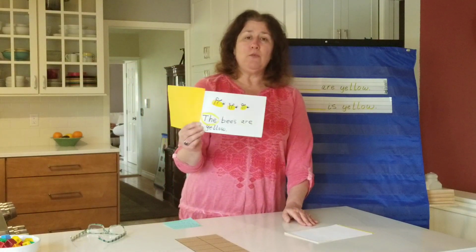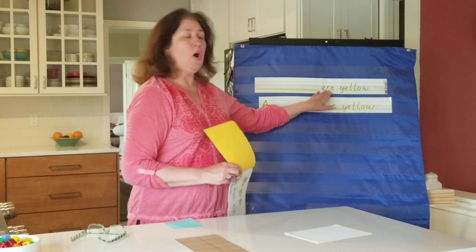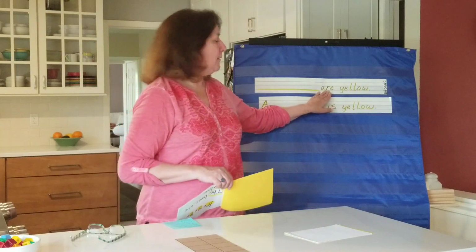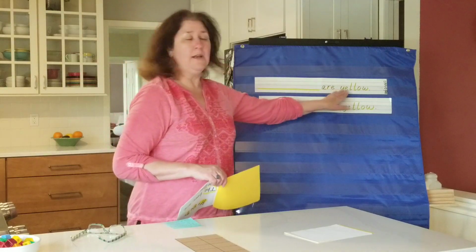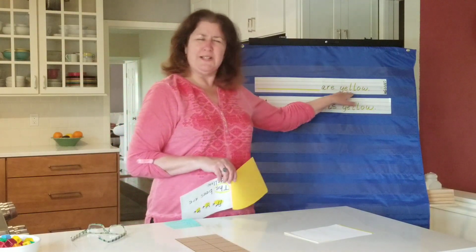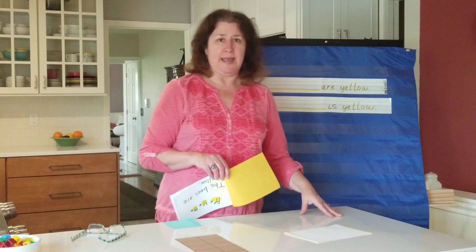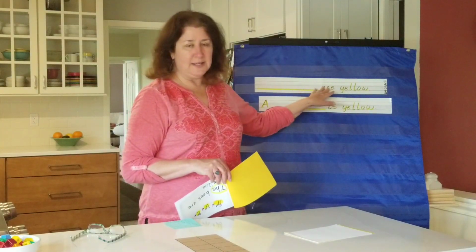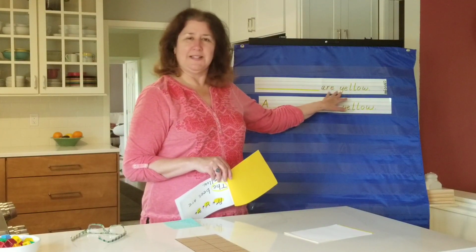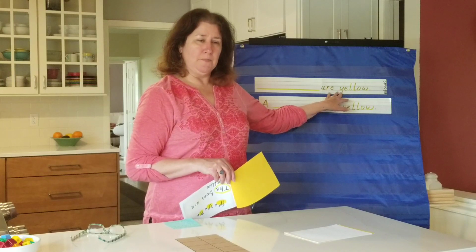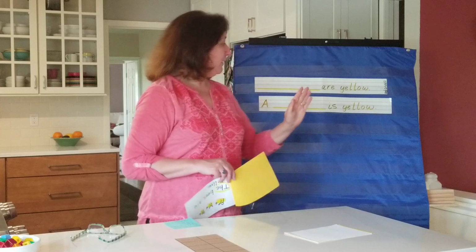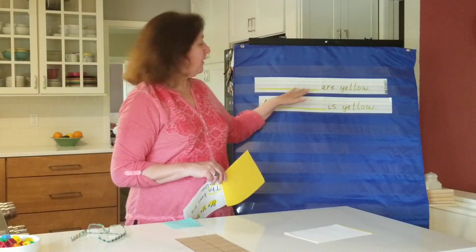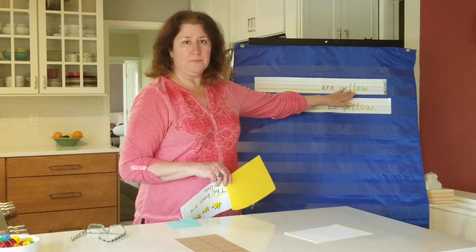So when I have more than one, I'm going to use the word are. So I would say bees are yellow. It wouldn't sound correct to say bees is yellow. That doesn't sound correct. So when I'm writing about more than one thing, I'm going to use the word are. Bees are yellow.